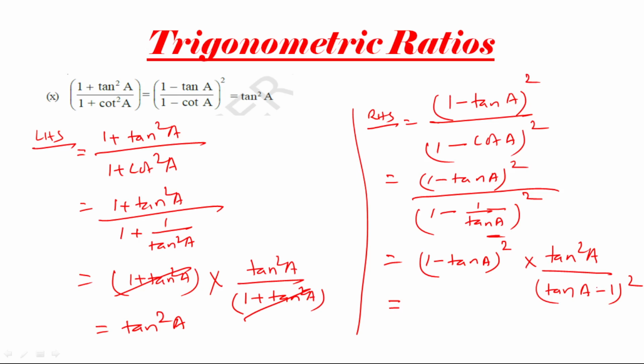Both are equal. A square plus B square minus 2AB, in both cases we will get the same answer. So this tan A minus 1 whole square or 1 minus tan A whole square is equal, and we are left with tan square A. Okay, right. So this is the answer.